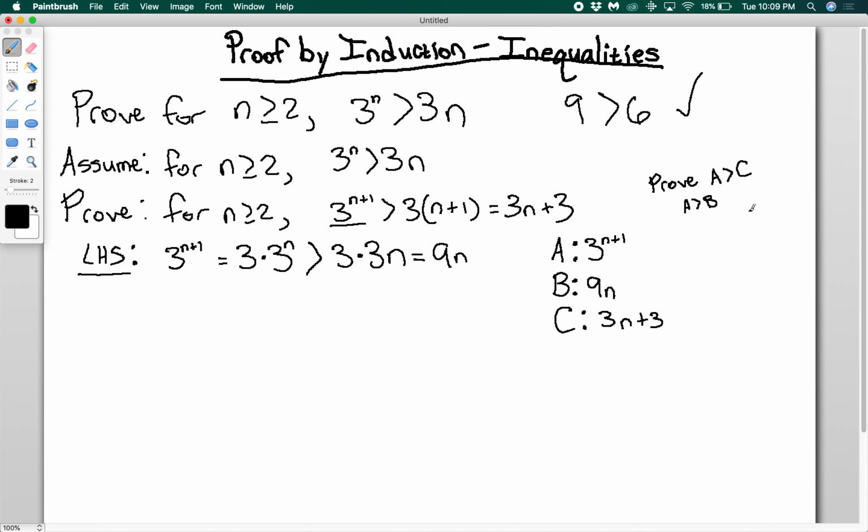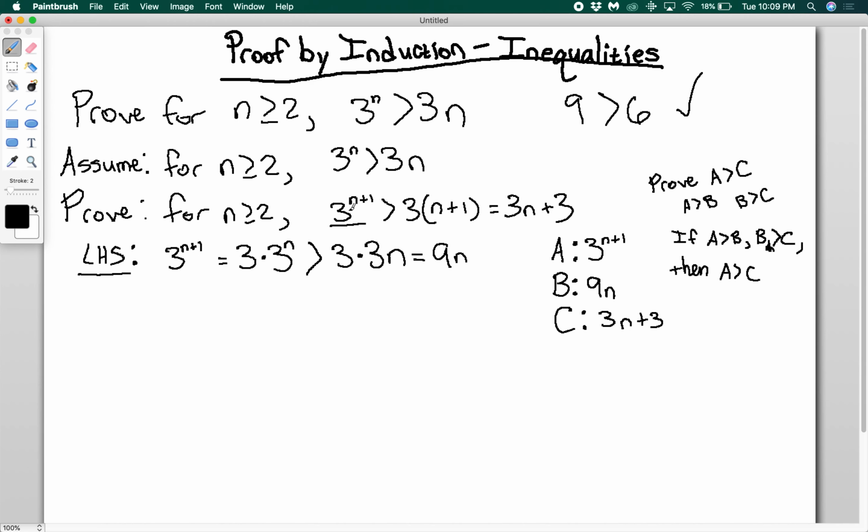So one way that I could prove that A is greater than C is if I showed that B is greater than C, right? Because if A is greater than B and B is greater than C, then A is greater than C, right? So with this transitive property, I'm going to replace my left-hand side with 9n.